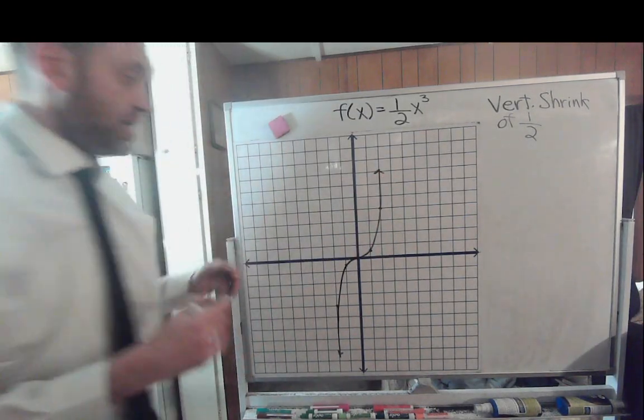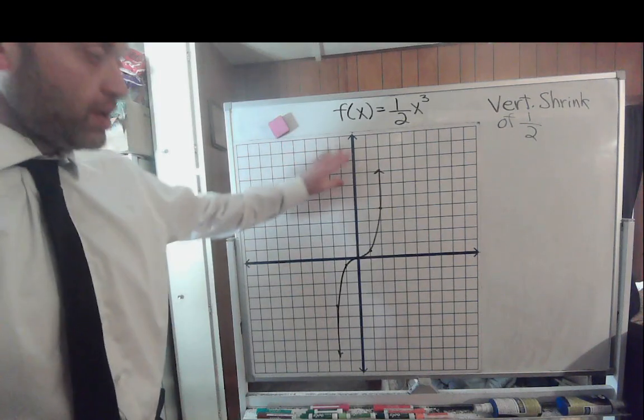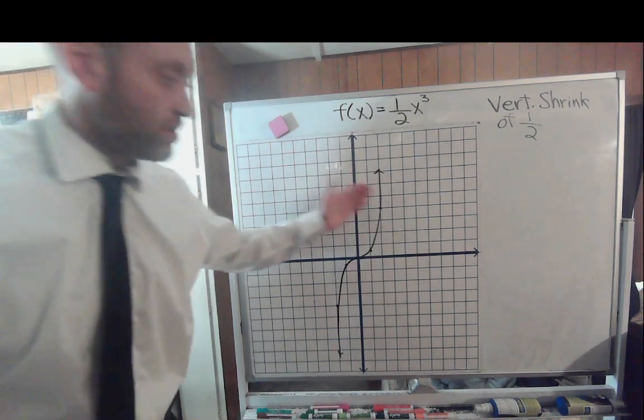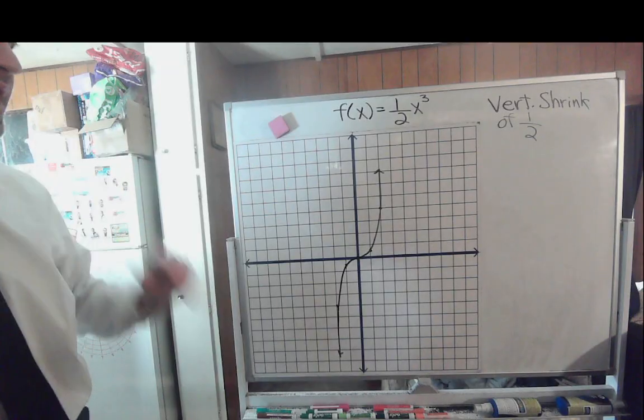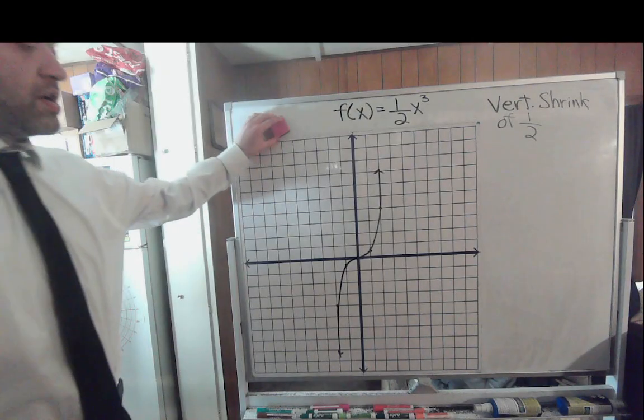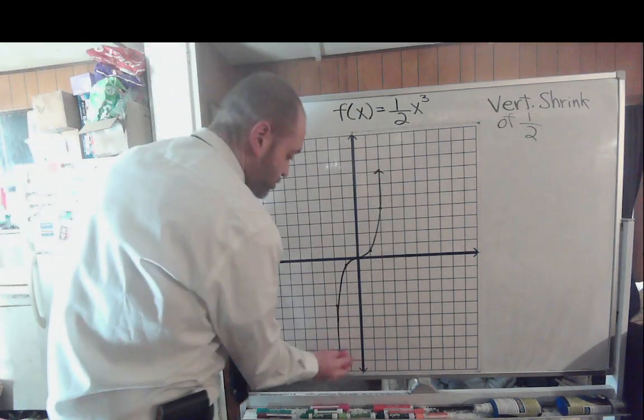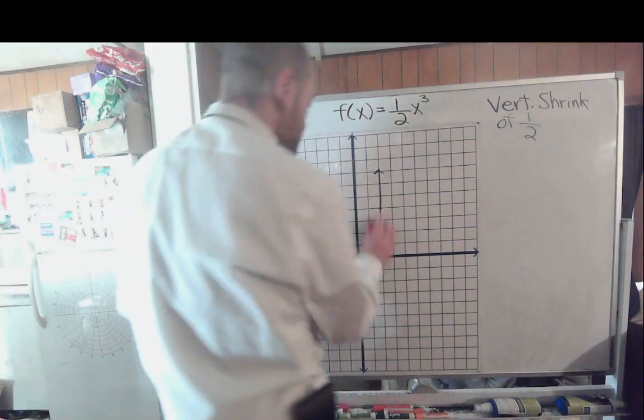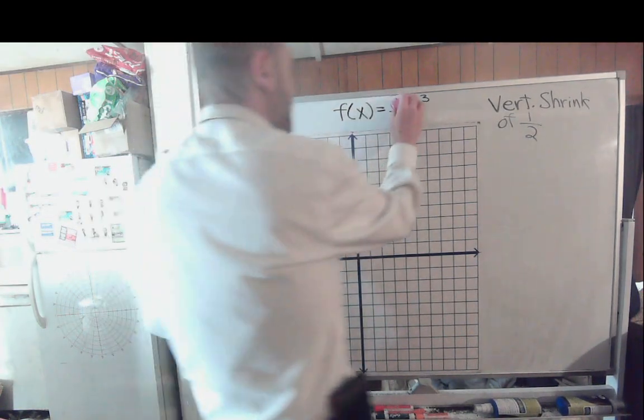So as you see, yes, I have vertically shrunk this, but I have horizontally stretched it by a factor of 1/2. It's closer to the x-axis. Now let's do one master transformation of this, then we'll move on to the absolute value function.